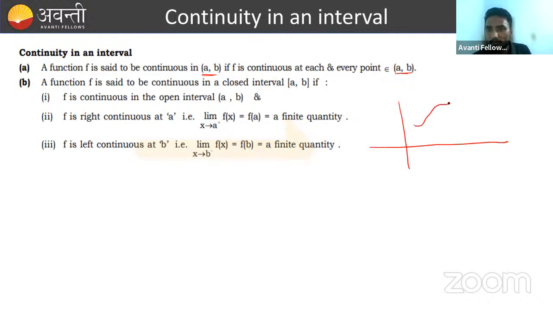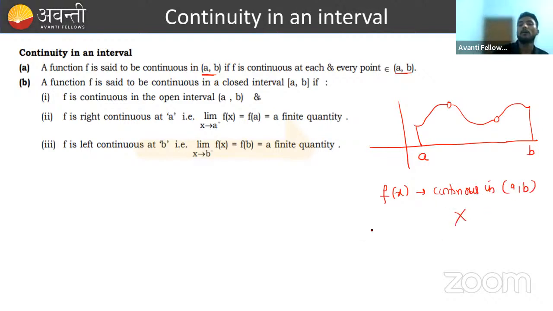Suppose like this, and like this is there. Okay, so this is B and this is A. And if I am saying f of x is continuous in A to B, then I am wrong, because between A and B there are 2 points, one is C and the other one is D. Here there are 2 points where it is discontinuous.